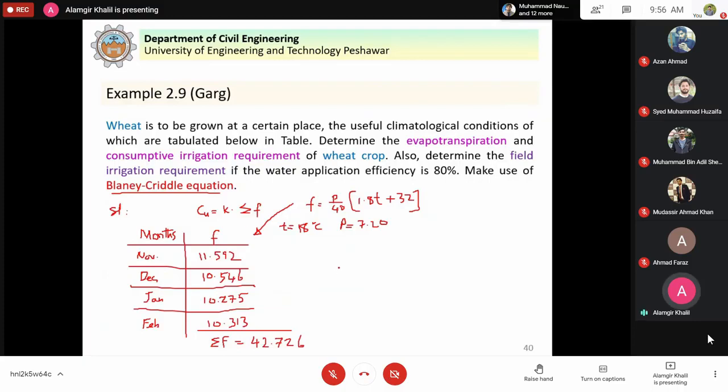Now in this equation, the consumptive use Cu or evapotranspiration is equal to this small k into summation of F. If K is not given in the question, you see that we have wheat.